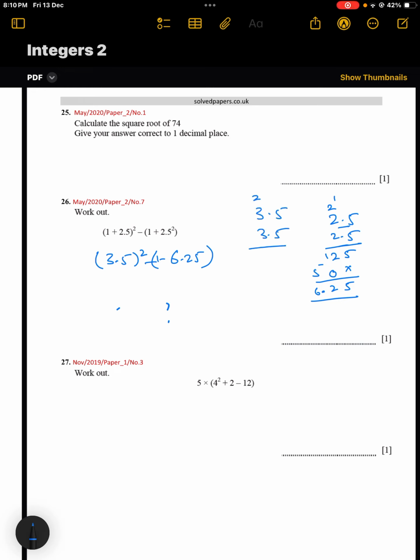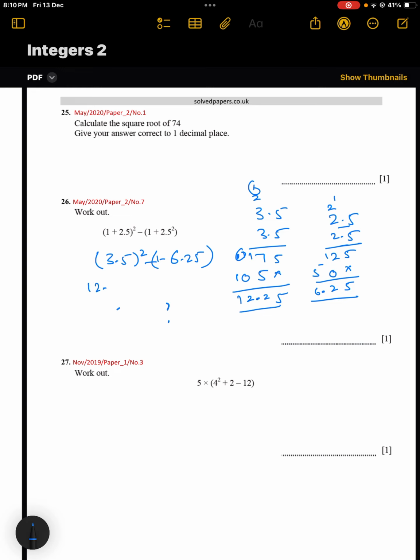5 times 5 is 25. 5 times 3 is 15, and 15 and 2 will be 17. 3 times 5 is 15, and 3 times 3 will be 9, and that above will be 10. So we put here, and it will be this.